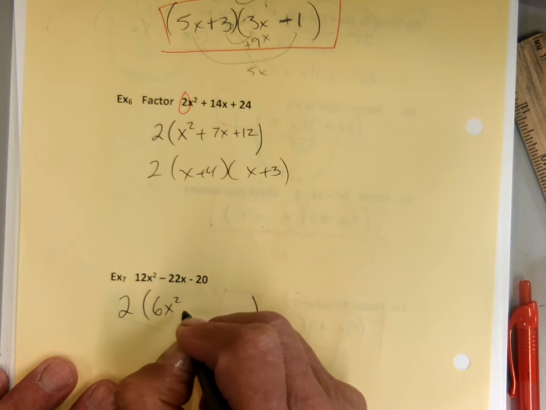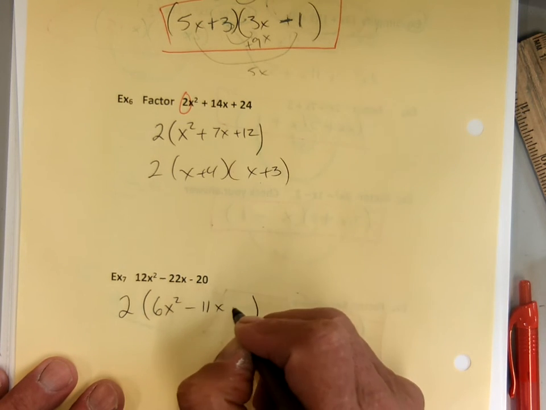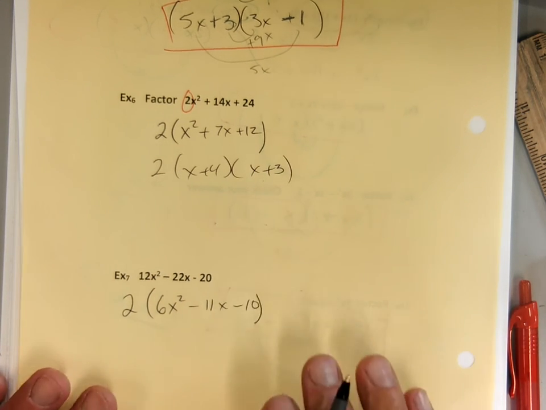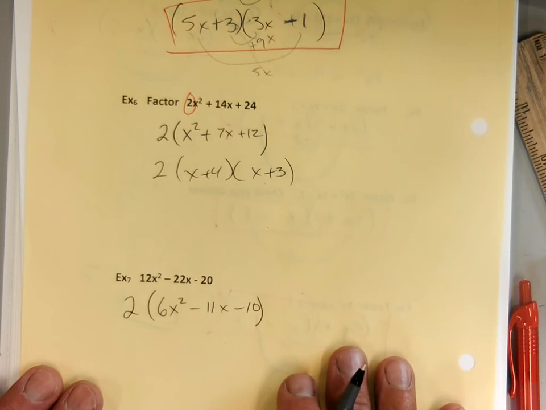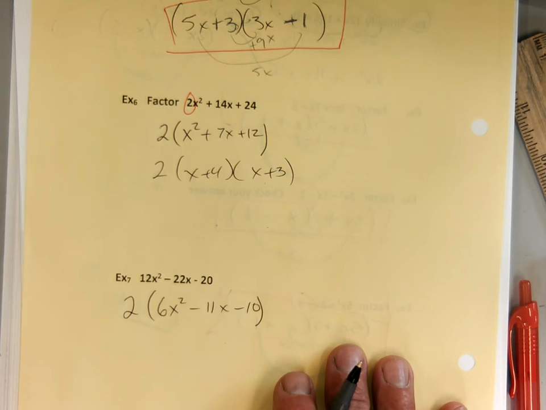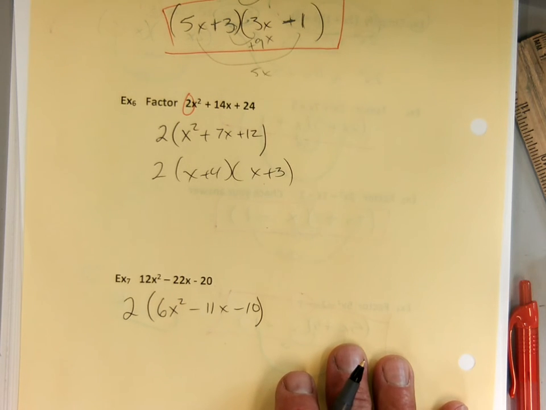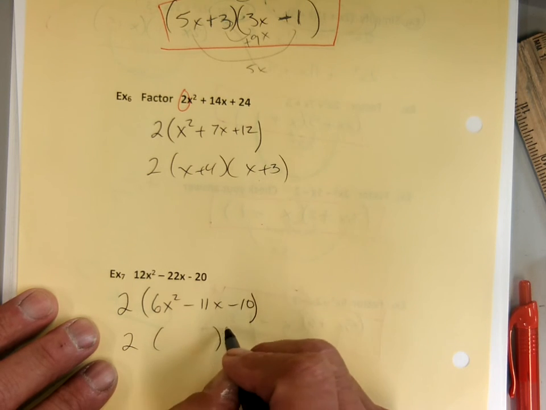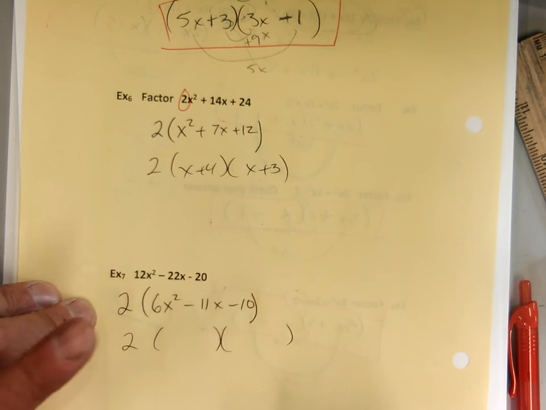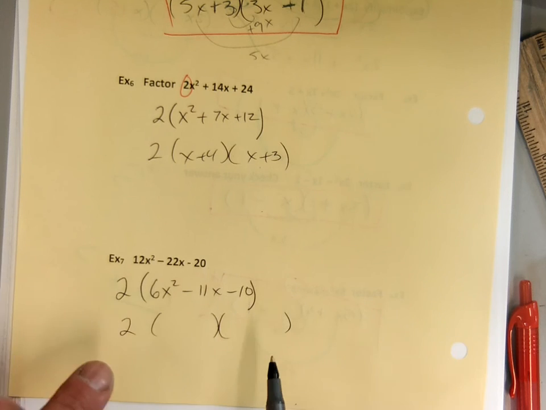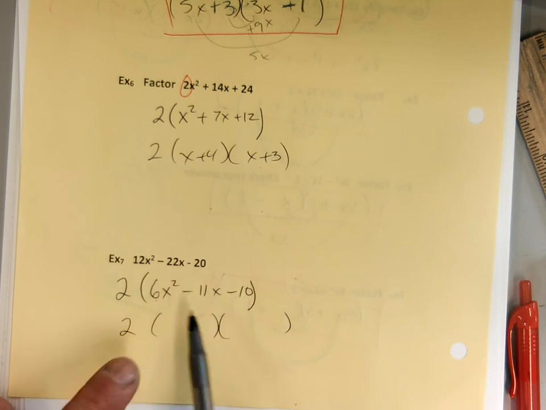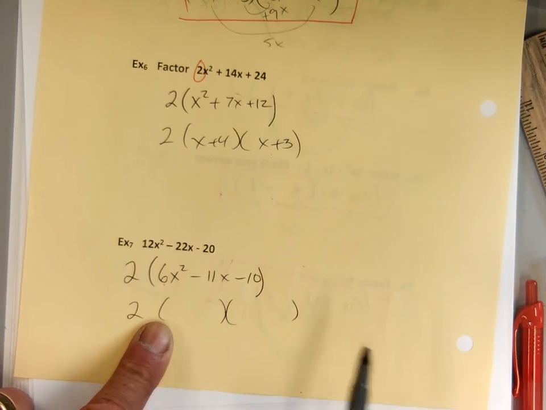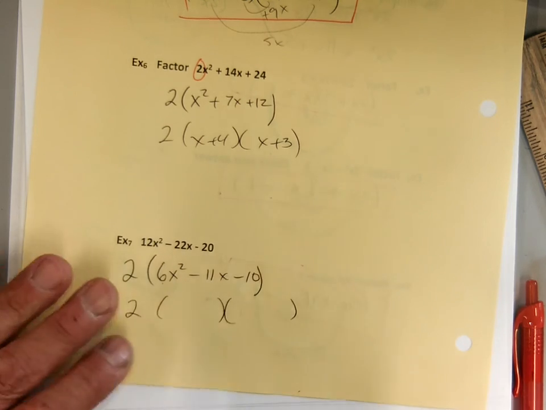6x squared minus 11x minus 10, right? Now I'm going to have to do it, but it's smaller numbers, right? Smaller numbers. So I keep the 2 there, and then how do I make a 6x squared? 3x, 2x.